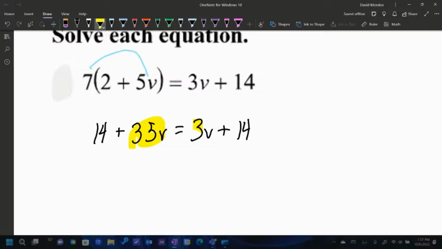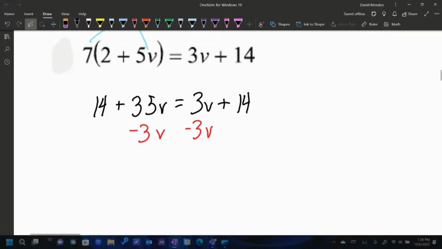So we need to move v to one side. In this case, we're going to move 3v by subtracting 3v from both sides. This will give me 14, 35v minus 3v is 32v, equals 14.